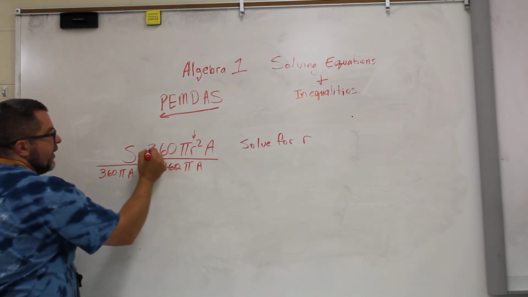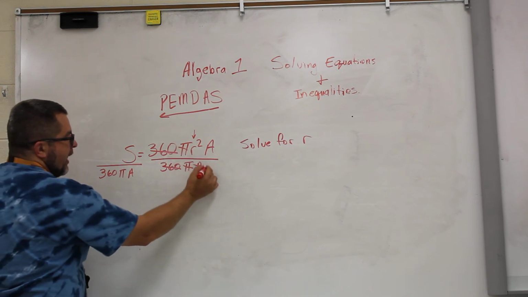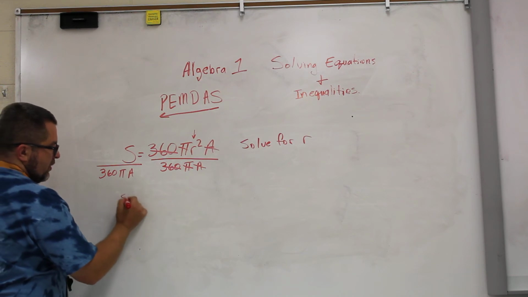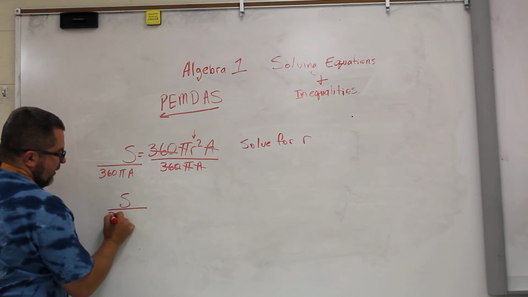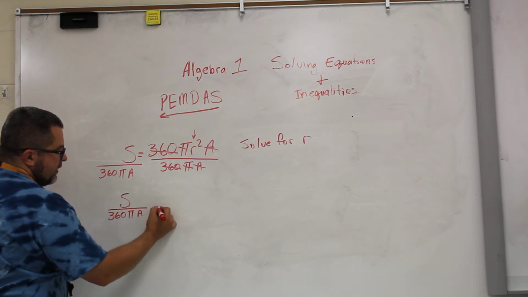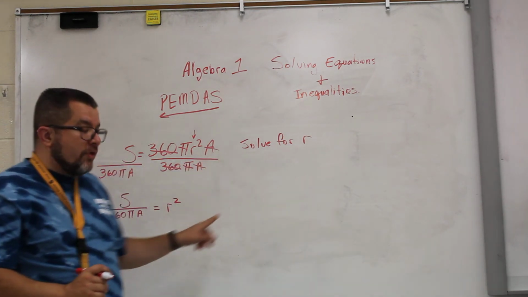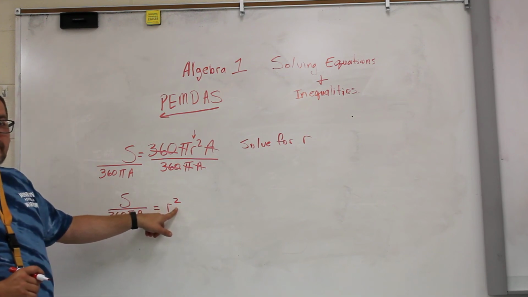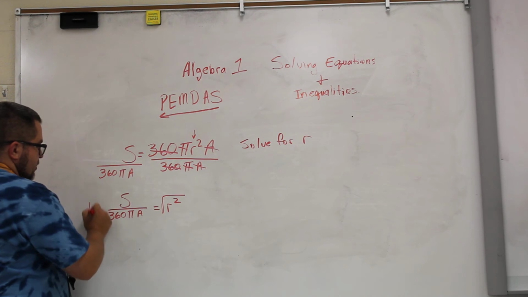So 360 divided by 360 is 1, pi divided by pi is 1, A divided by A is 1. And so I get S divided by 360 pi A is equal to r squared. Well, I want to get r by itself. So again, I'm going to go back to my inverse operations. The inverse operation of squaring something would be taking the square root.